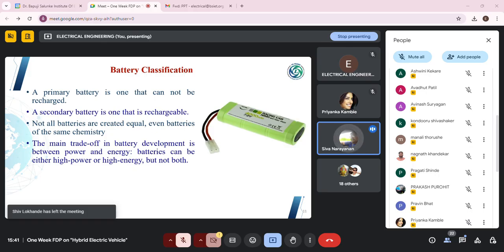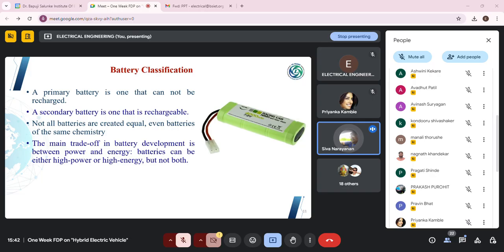Generally, how batteries are classified: as you all know, chargeable and non-chargeable batteries, or rechargeable and non-rechargeable batteries. The batteries we use in our remote or small applications at home, like clocks, are non-rechargeable batteries. Whereas in our mobile phone, our UPS, and our car, they are rechargeable batteries.